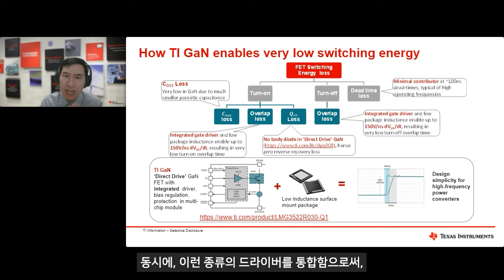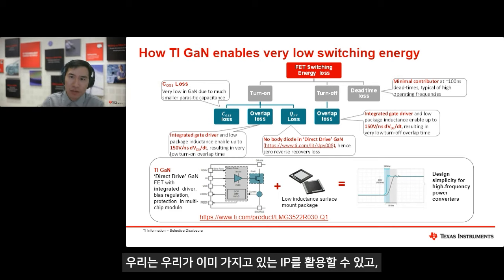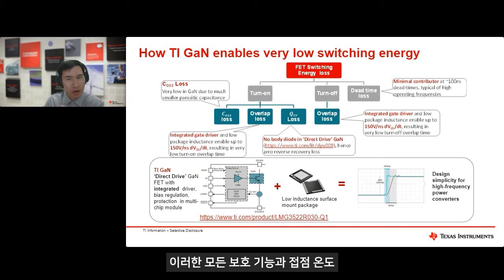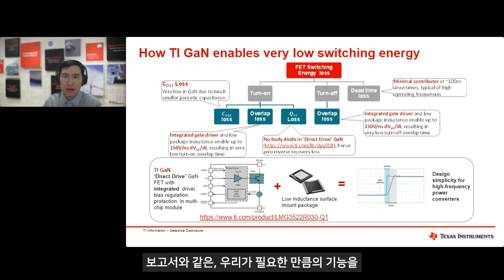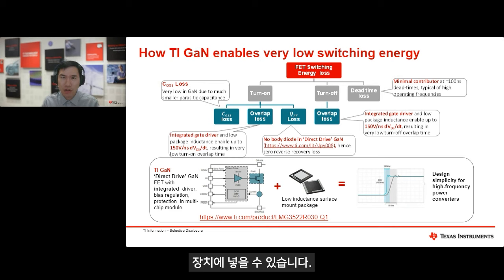At the same time, with the driver integrated, we can utilize the IPs we already have and put as many features as we need into the device, like all these protection features and also junction temperature reporting. So that's why we think it's the best device we are developing here.